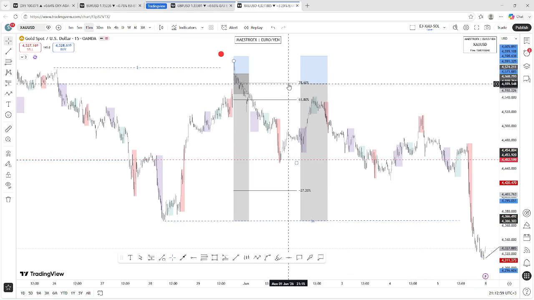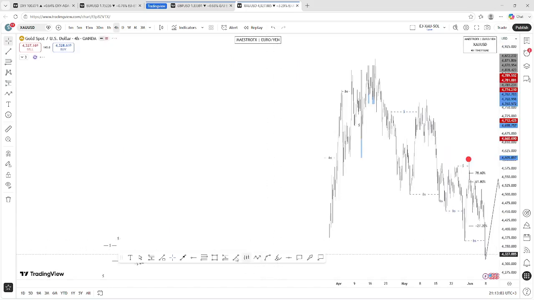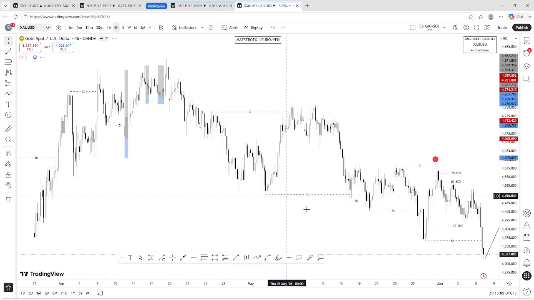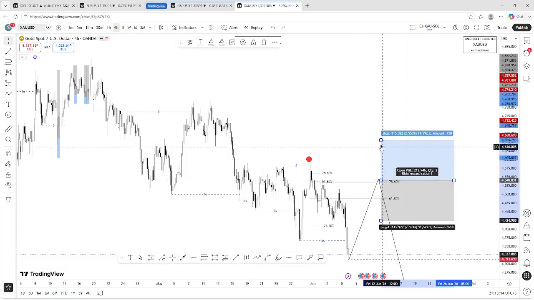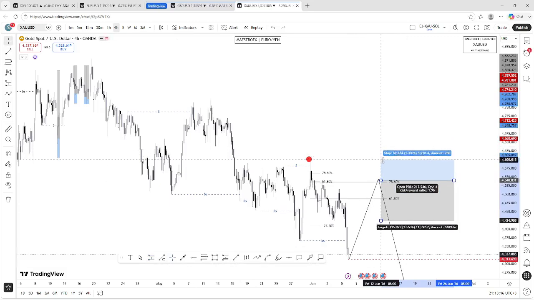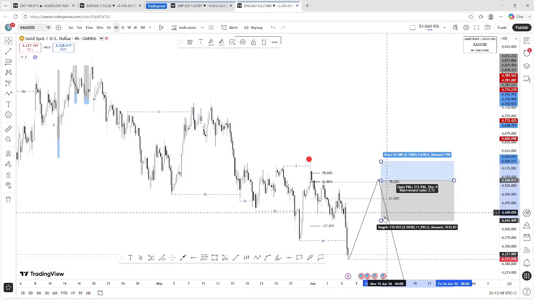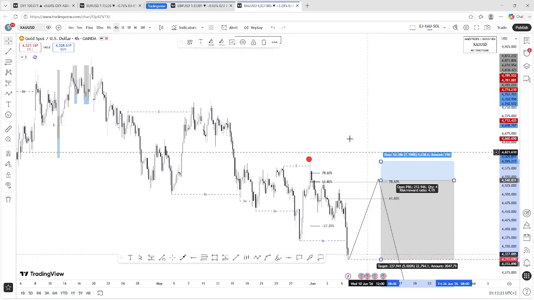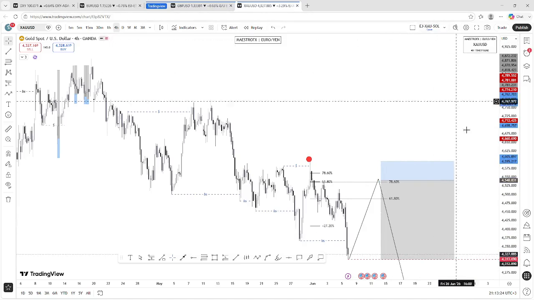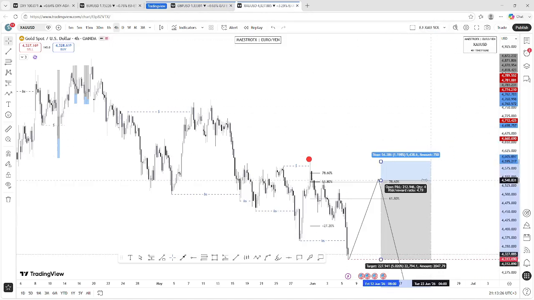And most importantly, I put more emphasis on whatever has happened on the 4-hour, and this is what I'm looking for on gold. High conviction trade, this is a high probable trade for me that I'll be looking for coming next week.